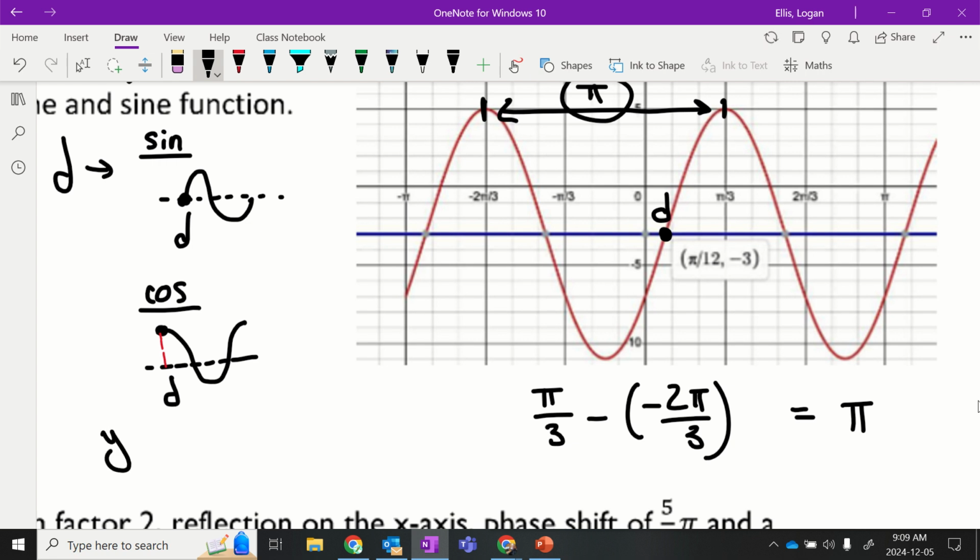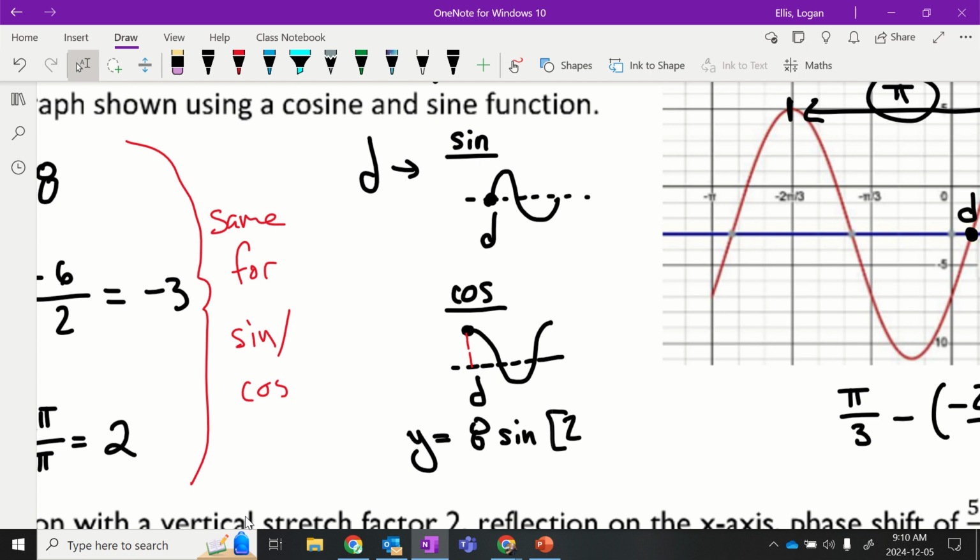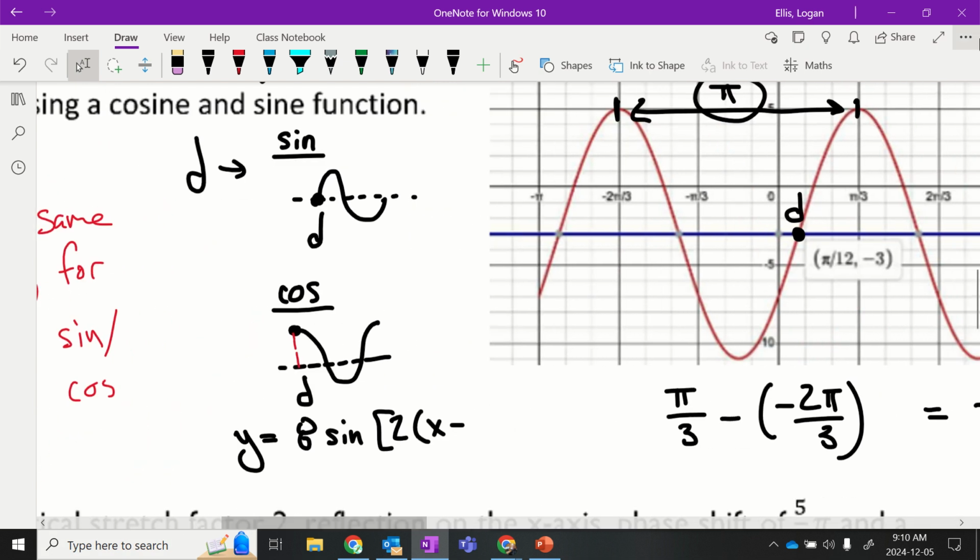So our equation is y equals, remember our amplitude was, I have a terrible memory, I actually don't know. Thank you, 8. So 8 sine, our k is 2. And then you're going to go x minus, and you just choose the d value that we picked right there, the one where it started, which is pi over 12. And then add c, which in this case is minus 3.